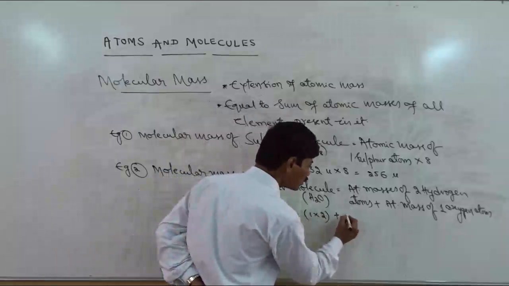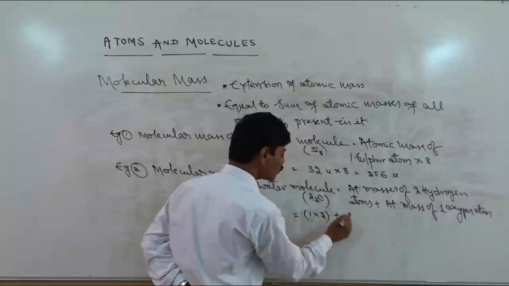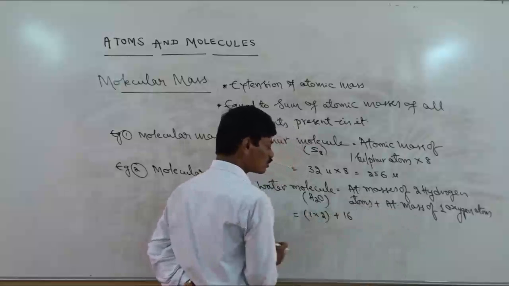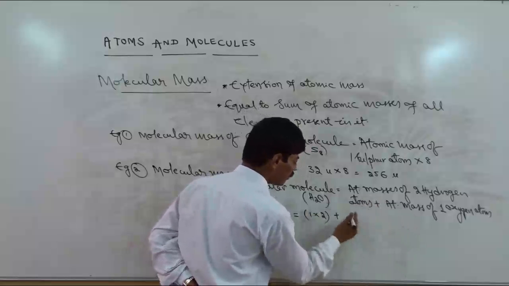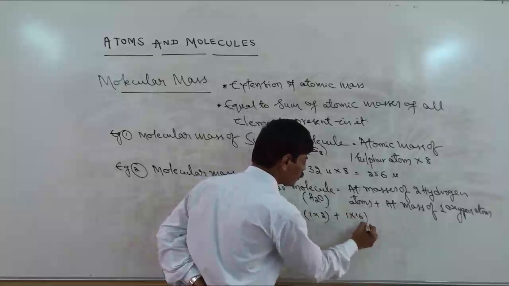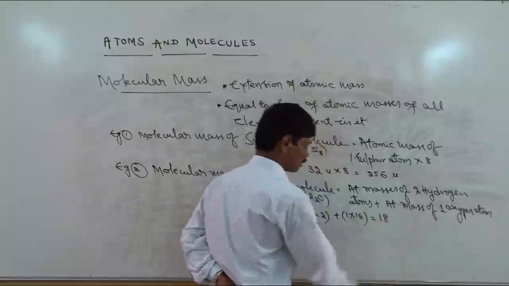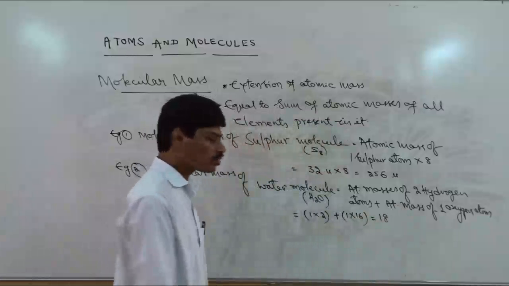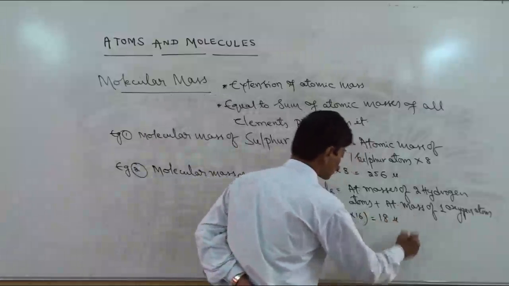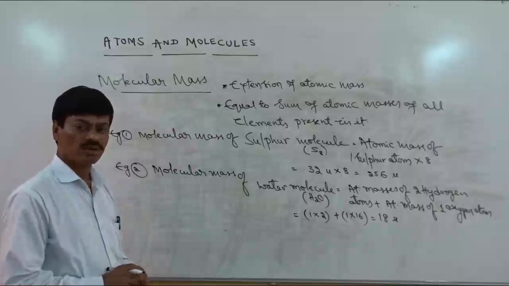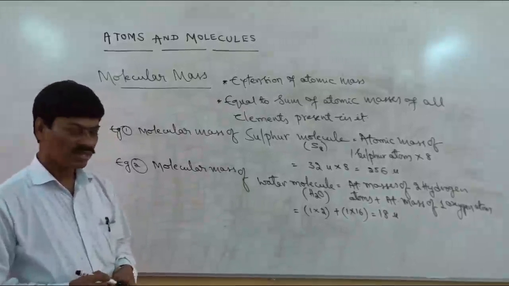Therefore, it is 16. We have only one oxygen atom, so we can write 16, or 1 into 16. So 1 into 16. This is equal to 18. And the unit is known to us, that is U. So that's how the molecular mass of a water molecule is calculated.